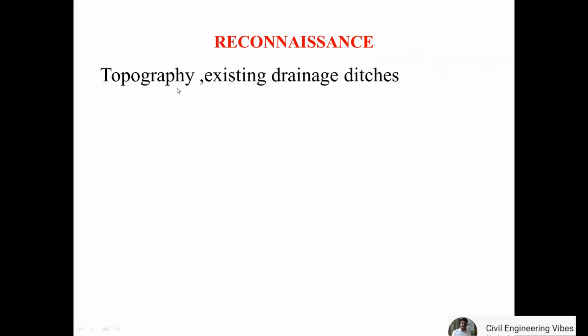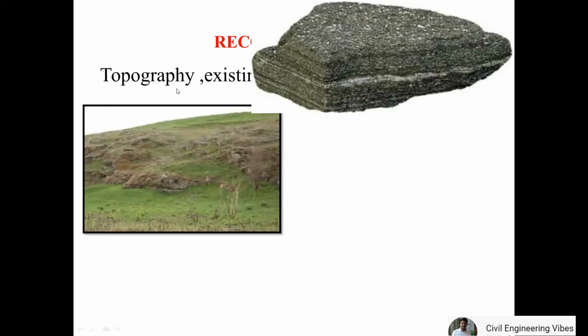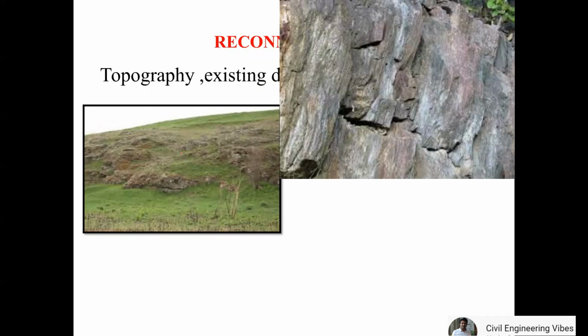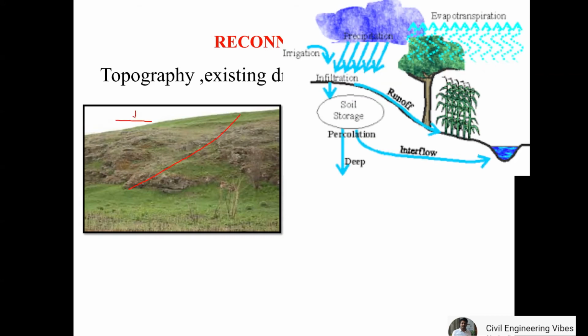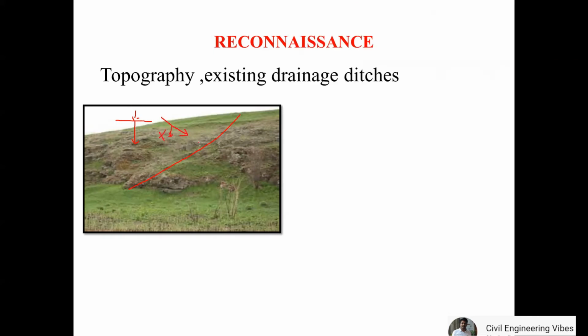Topography of the site. We will get to understand the form, shape or structure of the rock and the gradient of runoff water. As we have learned in the junior classes, if the water is static, the water percolates into the ground surface. If it is kinetic, in motion, then the water won't percolate into the ground.